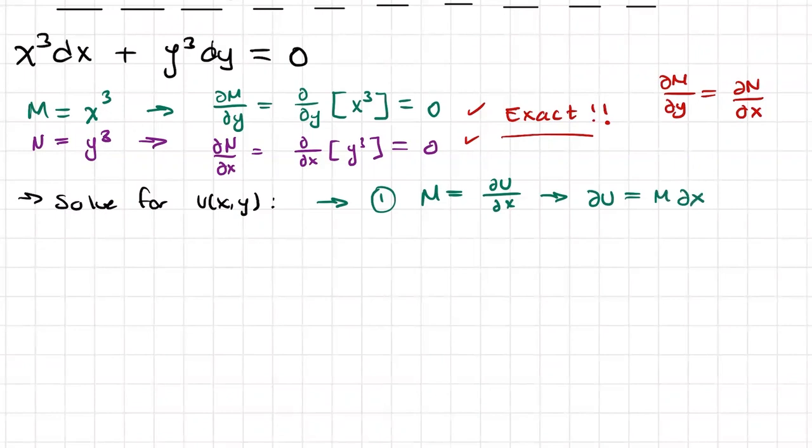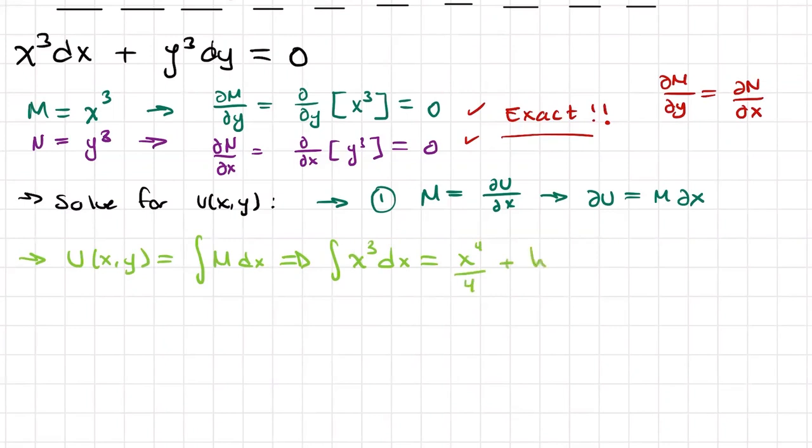And this is where we get our formula that u, which is a function of x and y, is equal to the integral of M dx. So let's do that. So the integral of M, which is x cubed dx, is just x to the 4th over 4 plus our constant of integration.